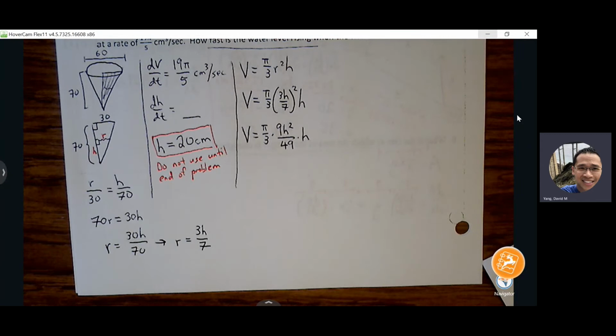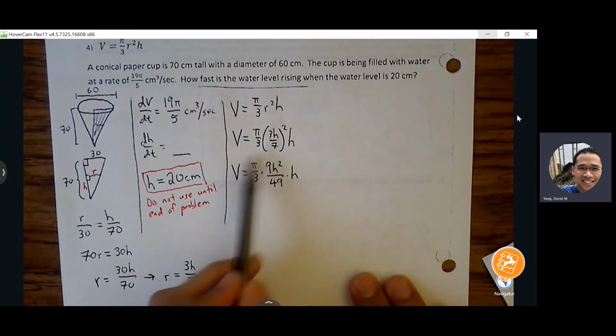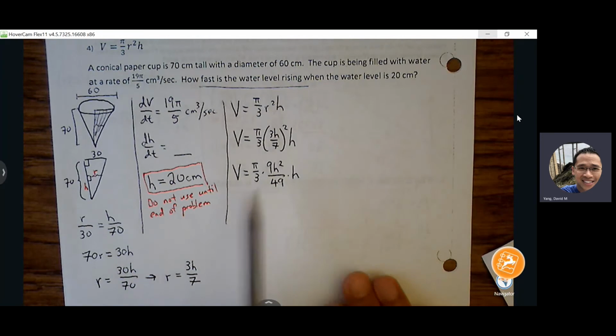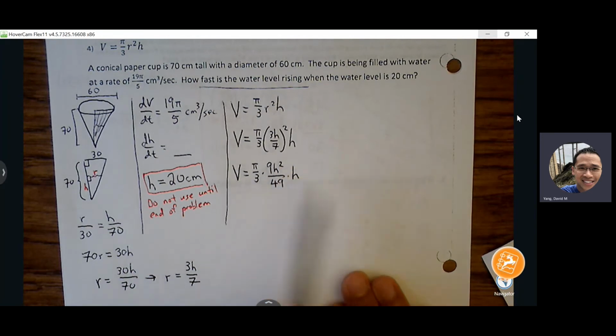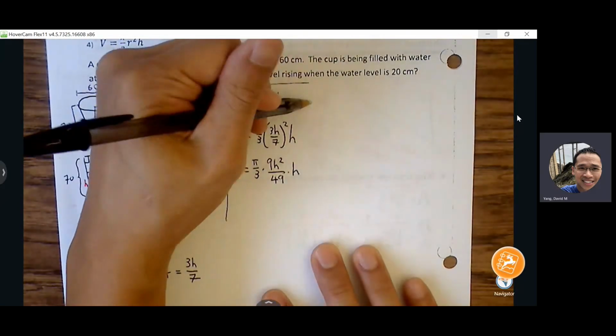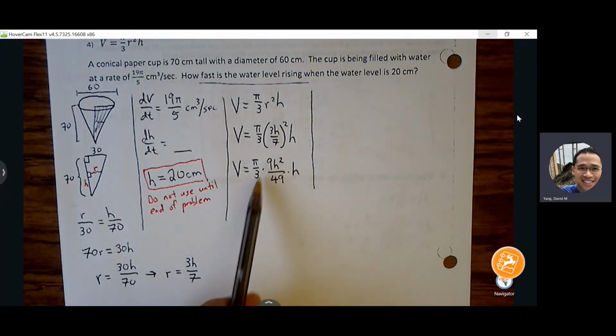Okay, but we still want to do a little more cleanup, right? We want all the coefficients pushed together. We want the variable combined together here.